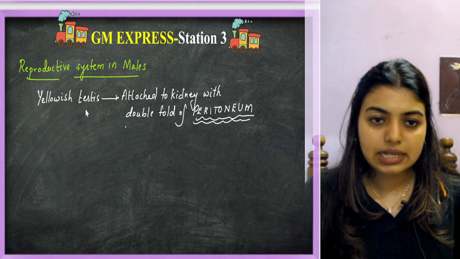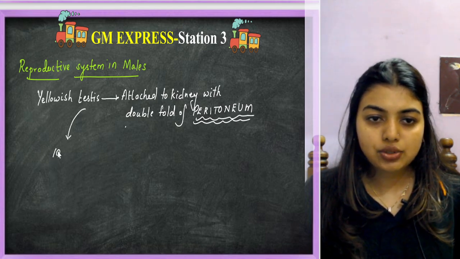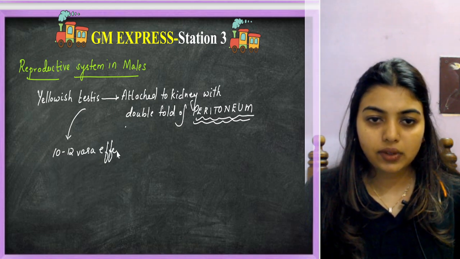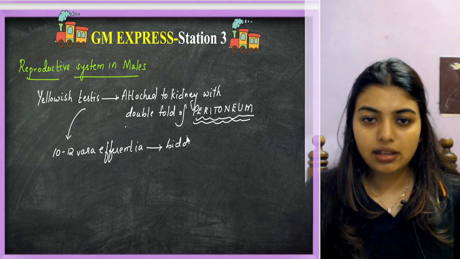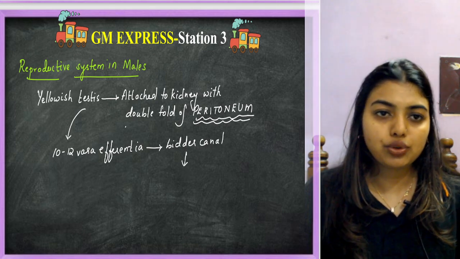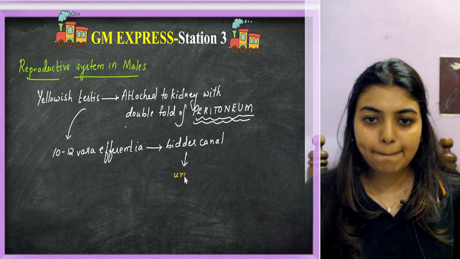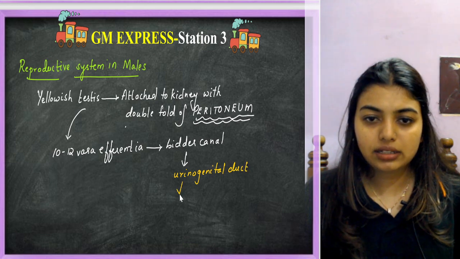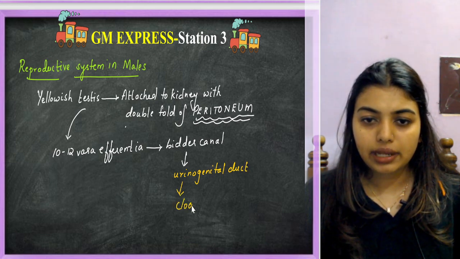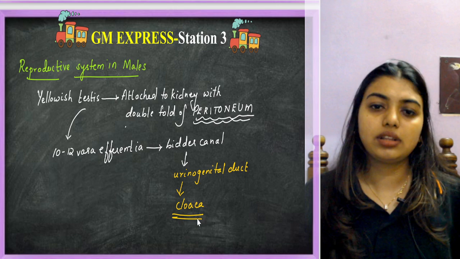And from the testis arise 10 to 12 vasa efferentia. These vasa efferentia will open into the Bidder's canal. From the Bidder's canal, it will open into the urinogenital duct. From the urinogenital duct, that is ureter, through the cloaca.